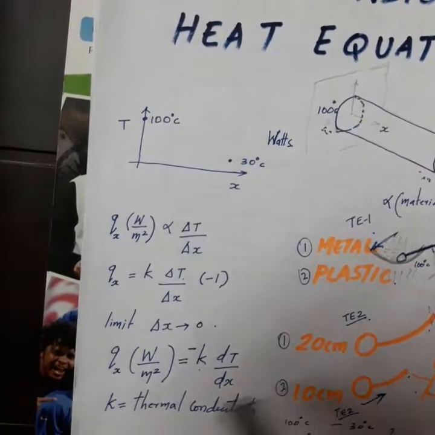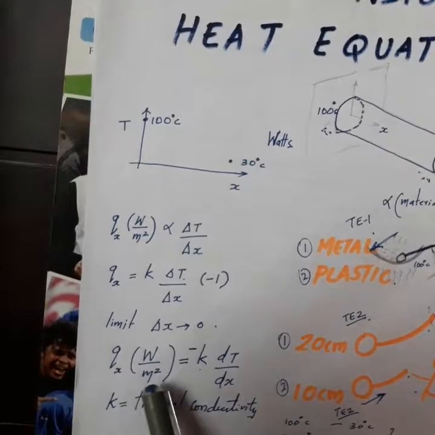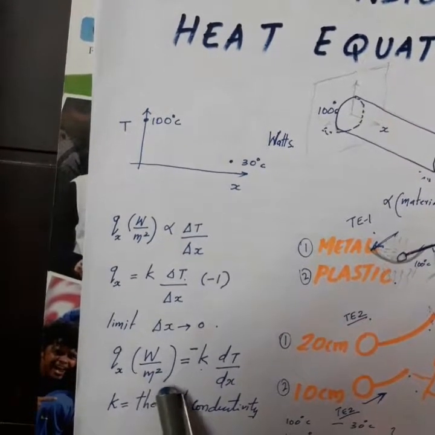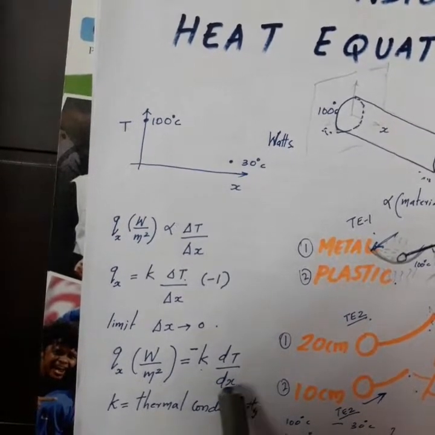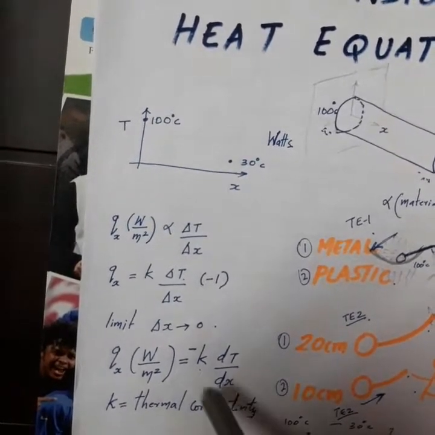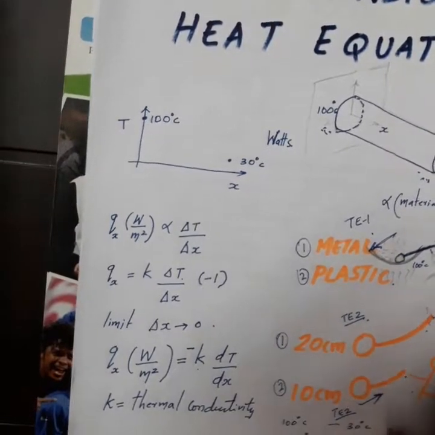It relates the heat flux, the rate at which heat energy is transferred per unit area, to the thermal conductivity as well as the thermal gradient, the rate at which temperature is changing. I hope you are able to appreciate why this minus sign is here.